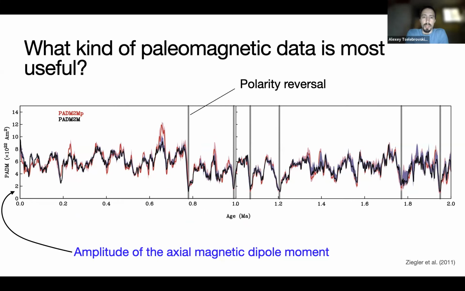And the magnetic potential goes to very high values. Can you explain the behavior in terms of the very high value of the paleo axial dipole moment? Thank you.